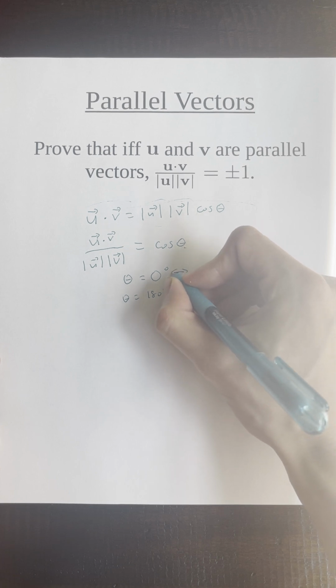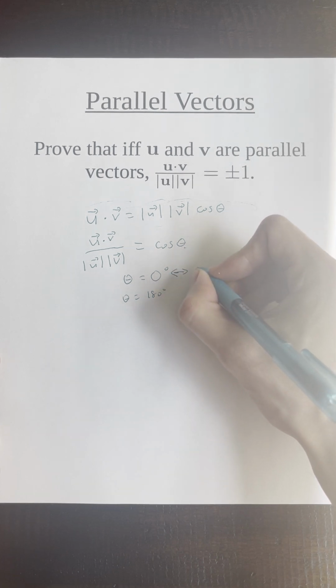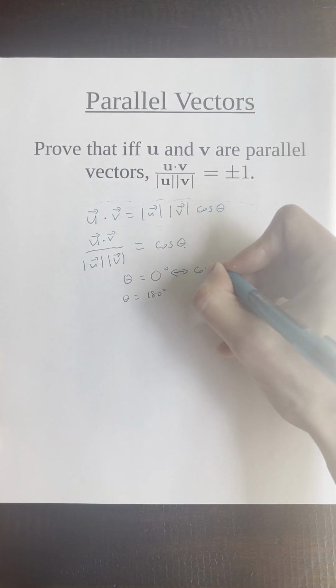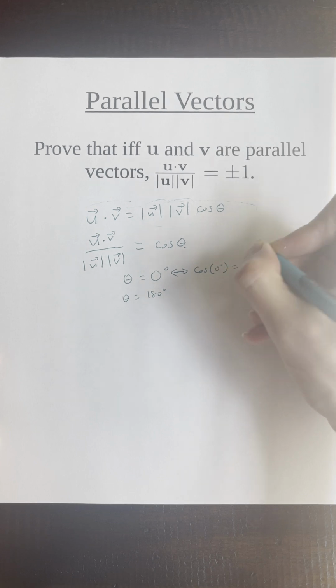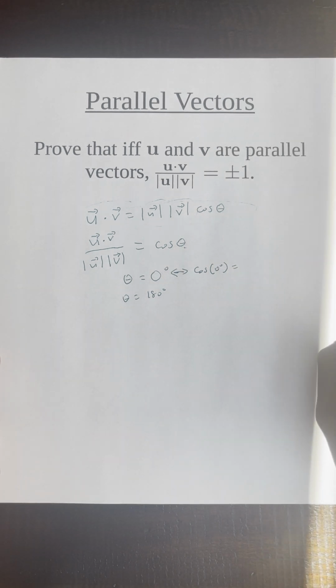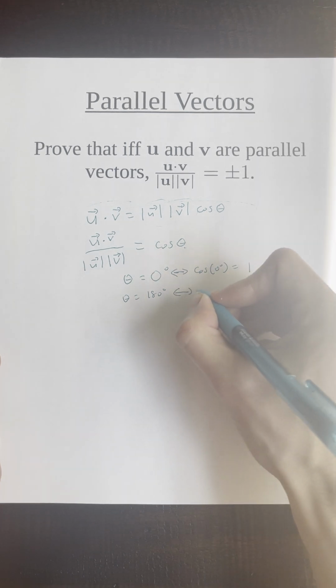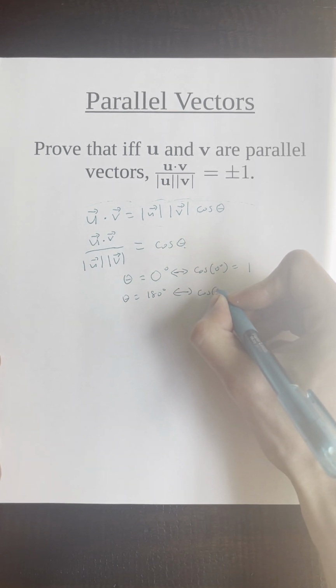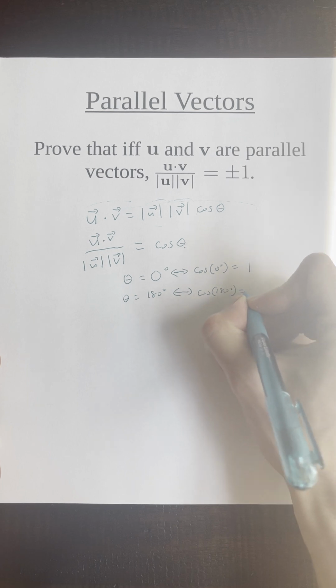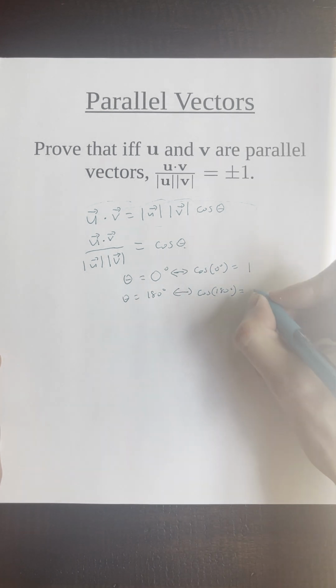Because when it's 0 degrees, what's cosine of theta going to be? It's going to be equal to 1. And when it's 180 degrees, what's cosine of theta? -1.